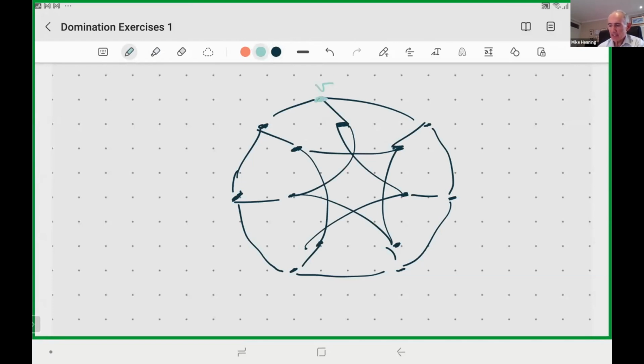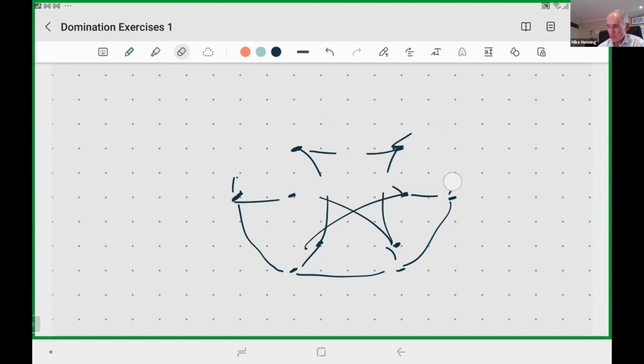This vertex V that belongs to the dominating set may be in the outer cycle. And when we remove it, what do we get? We take away V and we take away its neighbors. What are we left with is this graph. Now, let me redraw it.